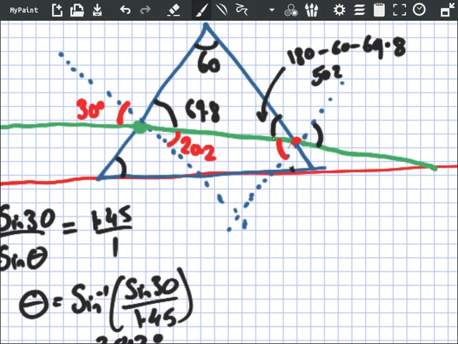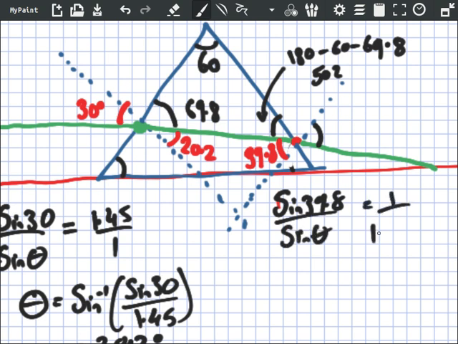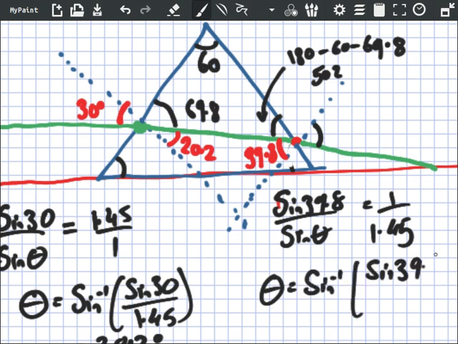If this whole thing is supposed to be 90, then the angle that we want is 90 minus 50.2, so it's 39.8. So by repeating the process, sine 39.8 over sine theta equals 1 over 1.45. You can get theta is sine inverse of sine 39.8 over 1.45.